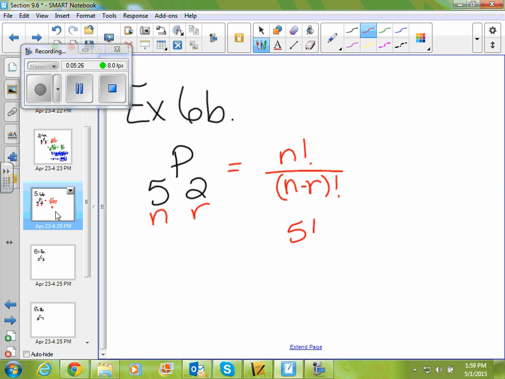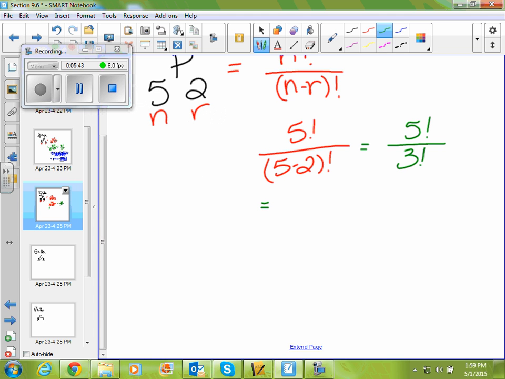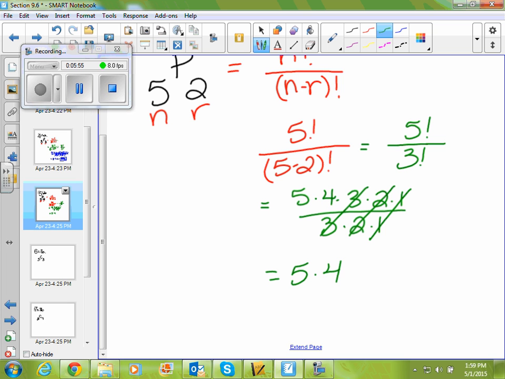So I end up with 5 factorial divided by 5 minus 2 factorial. 5 factorial stays the same. 5 minus 2 is 3, so 3 factorial. 5 factorial is 5 times 4 times 3 times 2 times 1. 3 factorial is 3 times 2 times 1. Cancel the things that are the same, and we end up with 5 times 4, which is 20. So there's 20 different ways to do that.